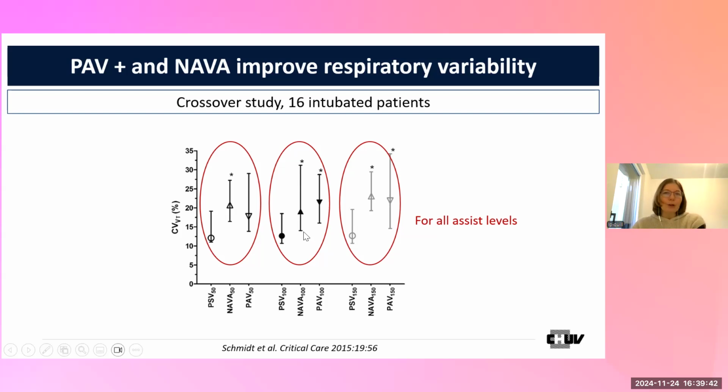As physiology is variability, and because there are data suggesting that maintaining variability in the system of assist is better because it is closer to physiology, we can also imagine an advantage of proportional modes by maintaining this respiratory variability. But again, this has to be proven by further studies.